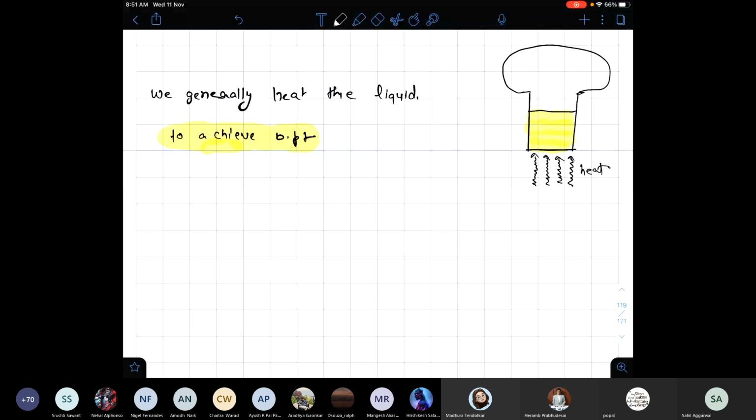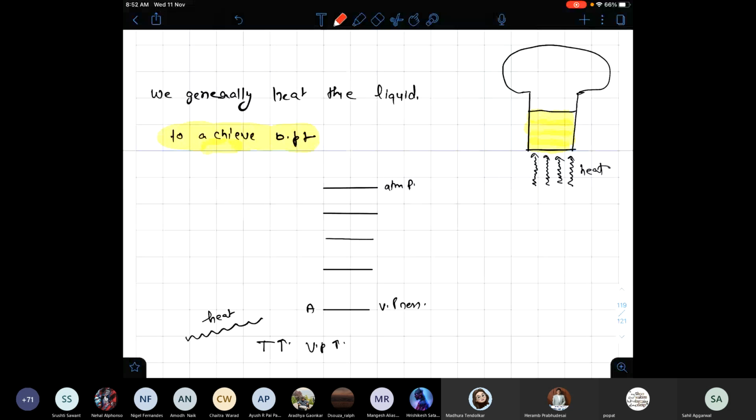Let this be the atmospheric pressure and let this be the vapor pressure. We are heating our liquid so that temperature increases. When temperature increases, vapor pressure will also increase, and at some point it will definitely become equal to the atmospheric pressure.